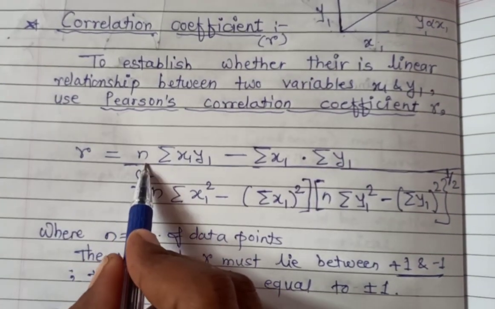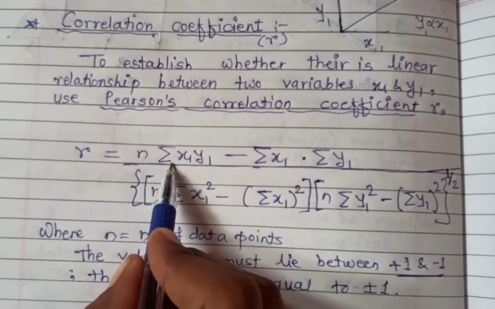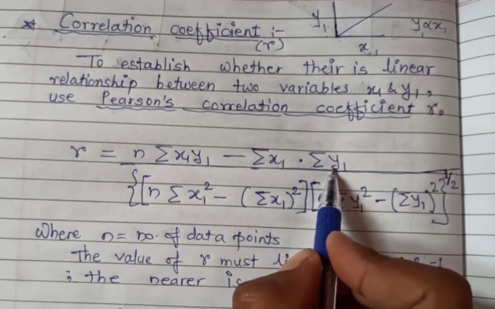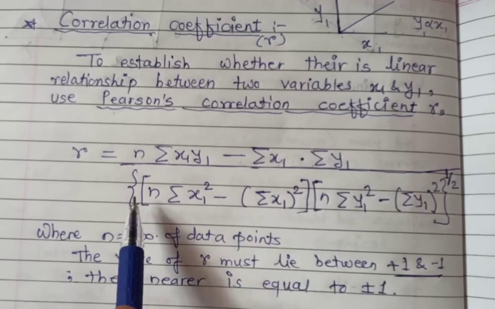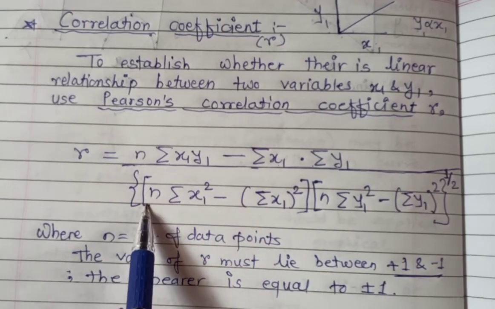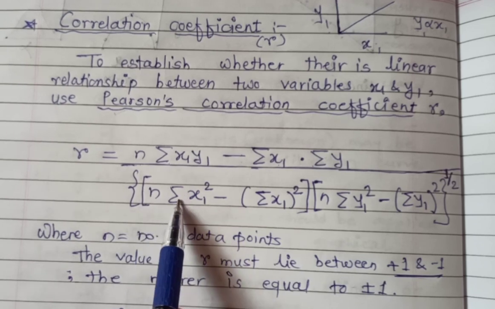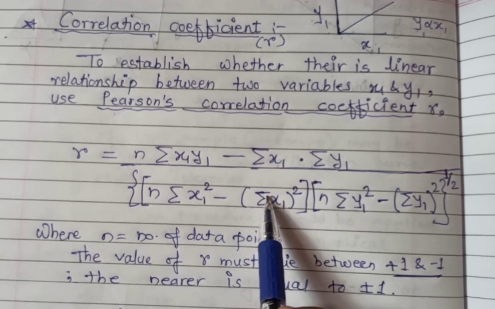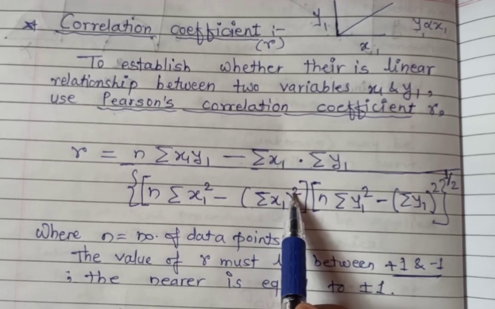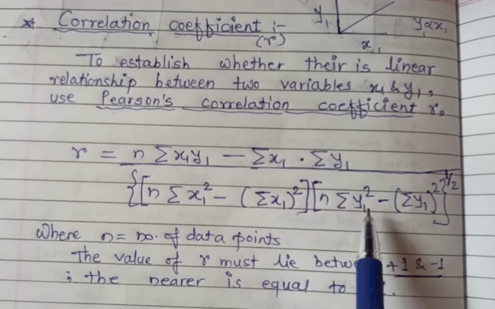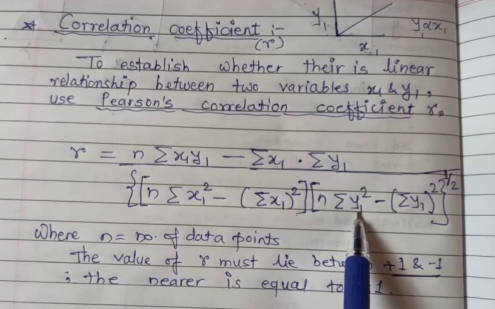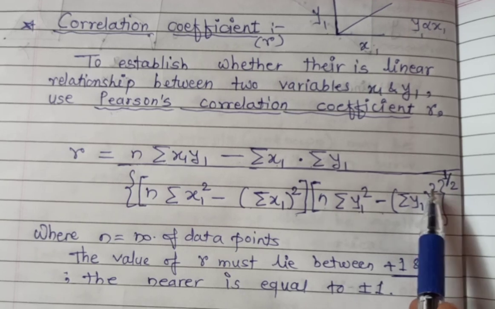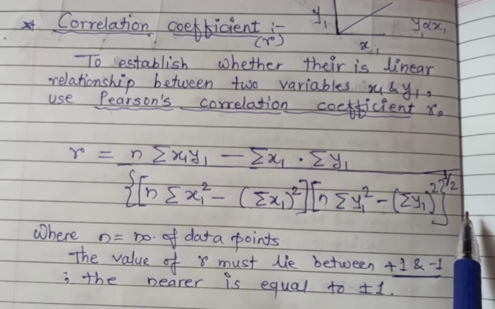r is equal to n, which is the number of readings, into summation of x1 y1 minus summation of x1 into summation of y1, divided by, in square brackets, n into summation of x1 squared minus, in bracket, summation of x1 whole squared, and in another square bracket, n into summation of y1 squared minus, in bracket, summation of y1 whole squared, and the whole bracket raised to half.